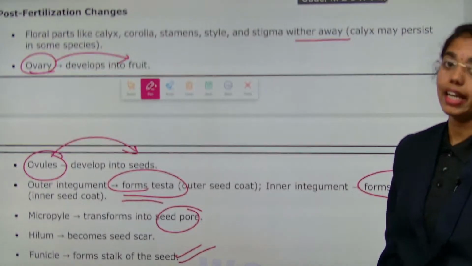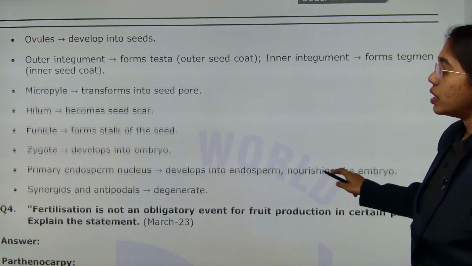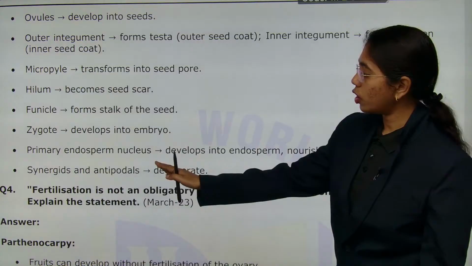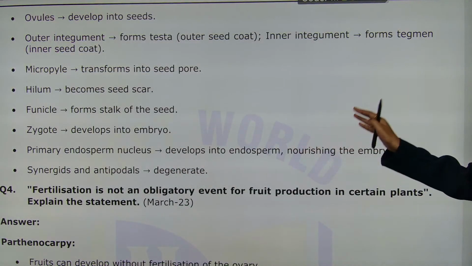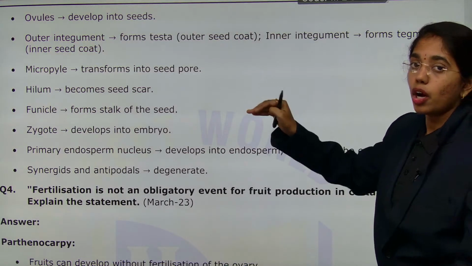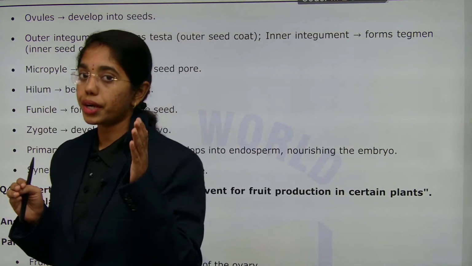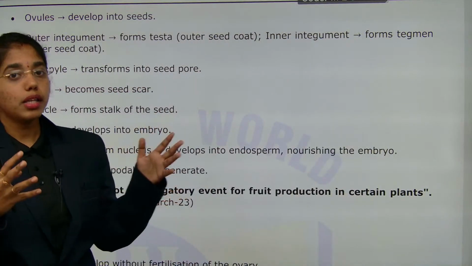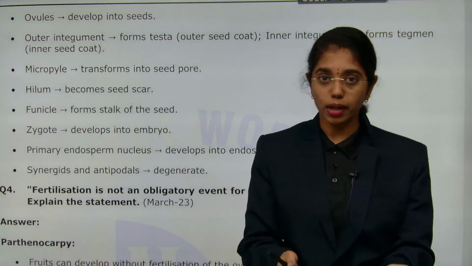Stalk of the seed. Clear, right? So, these are the changes, and the zygote develops into embryo, and the primary endosperm nucleus will form what? Endosperm. Synergids and antipodals inside the embryo sac will degenerate. Like that, you have to highlight what changes are happening inside the embryo sac, inside the ovule, and in the peripheral non-essential parts as well.